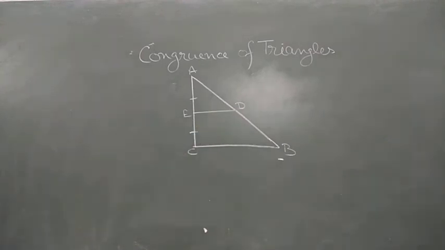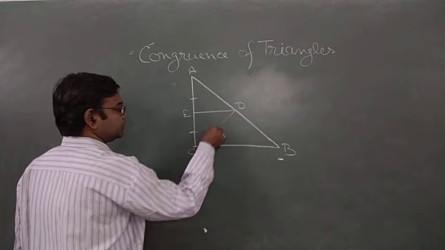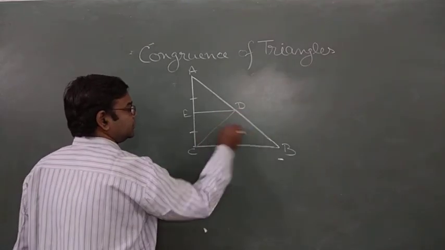Now the question says: prove that AB equals BD plus DC. So we have to join these two points.